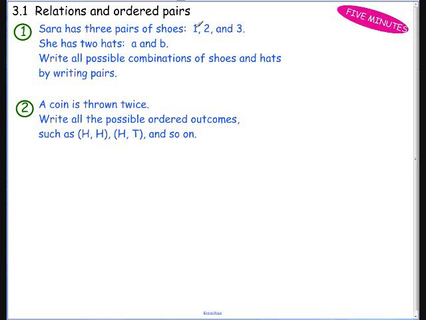Sarah has 3 pairs of shoes. She's got pair 1, pair 2, and pair 3. She has 2 hats, A and B. Write all possible combinations of shoes and hats. Okay.